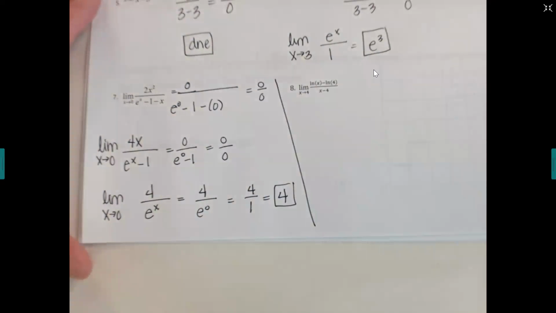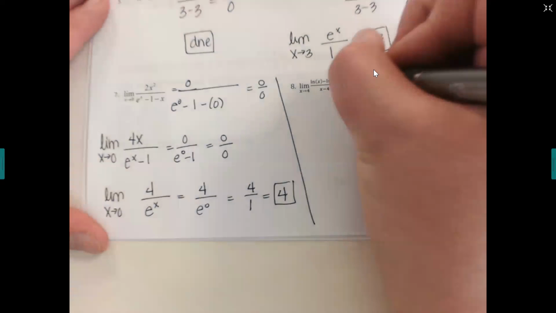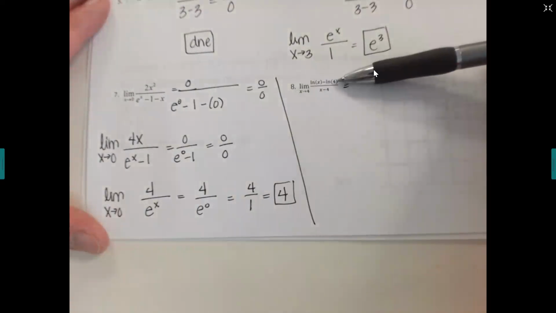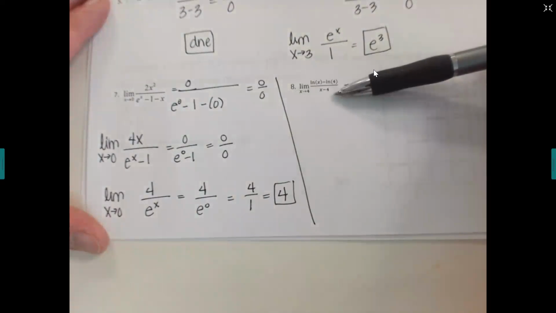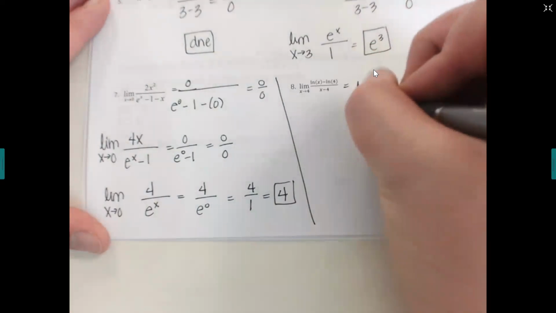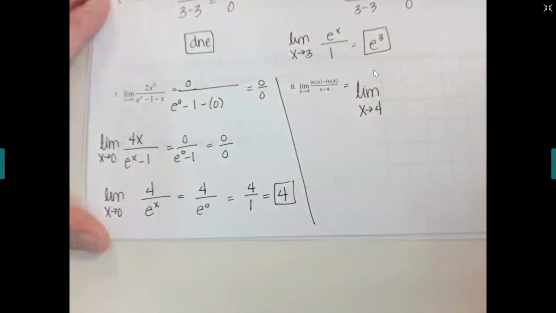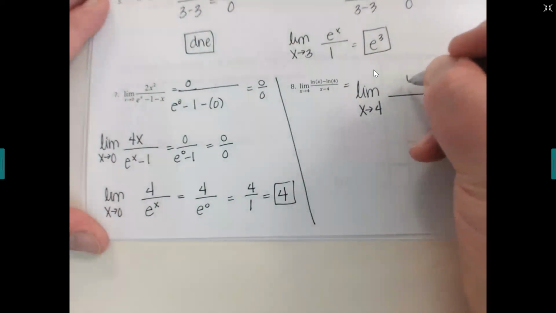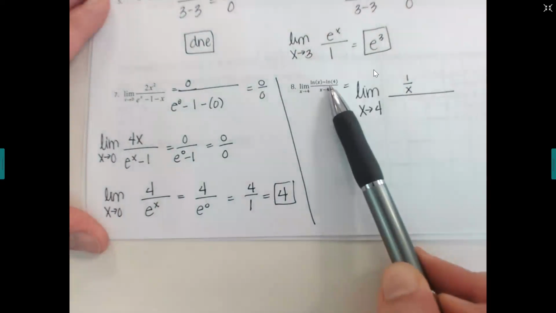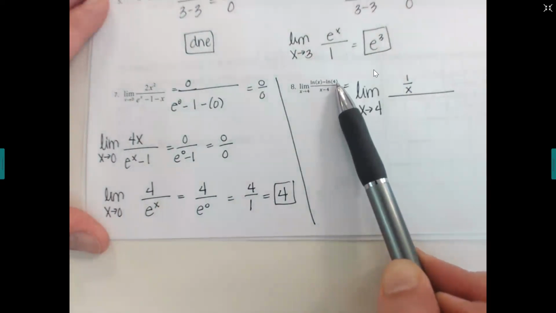All right, number 8, do we get 0 over 0? Yes. Because we have ln 4 minus ln 4, and then 4 minus 4, both 0. Okay, so let's retry our limit with the derivatives. What is the derivative of ln x? 1 over x. Okay, now ln of 4, is that a function or a constant? That's a constant.